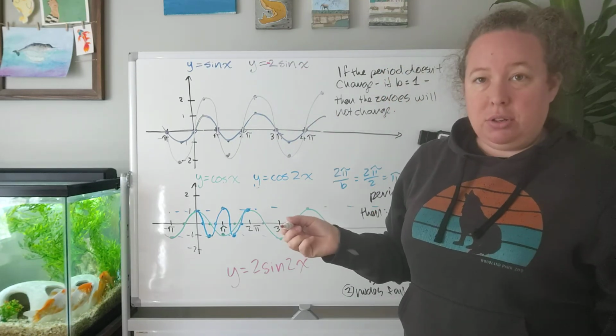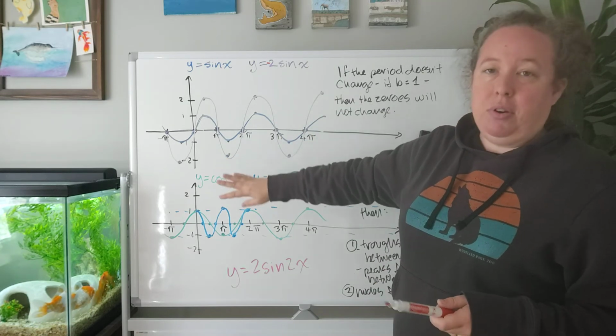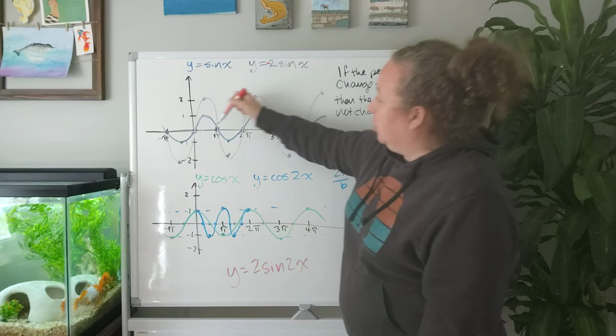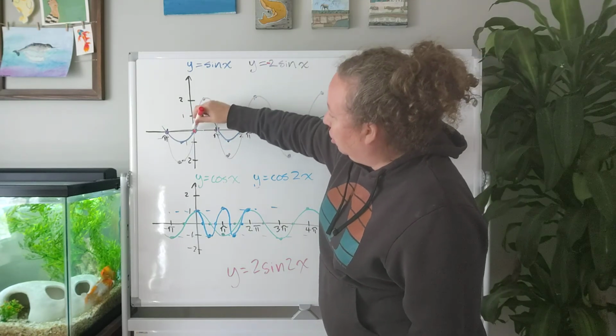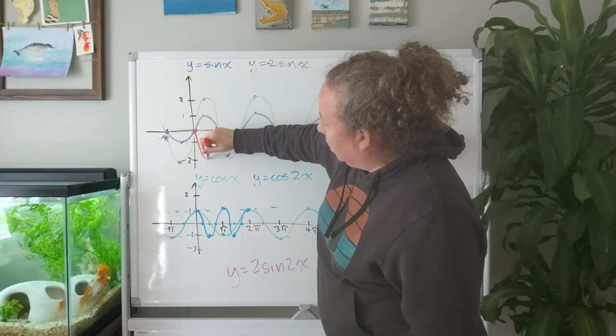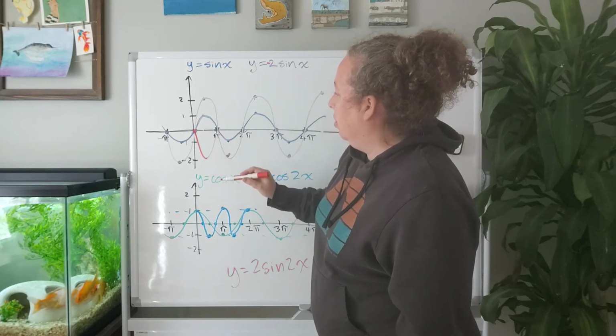What does that negative do? The negative flips the graph over the x-axis, and so here we still have the same starting point, but instead of going up to 2, we start out by going down to negative 2, and then up.